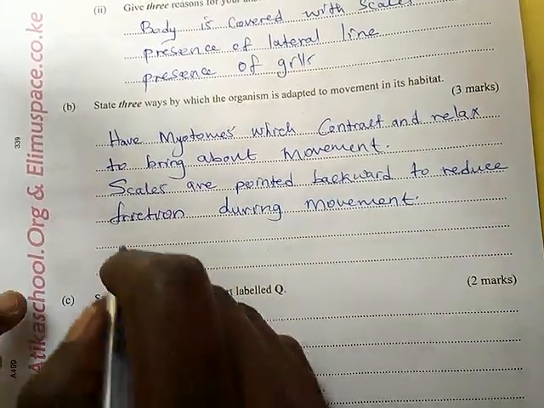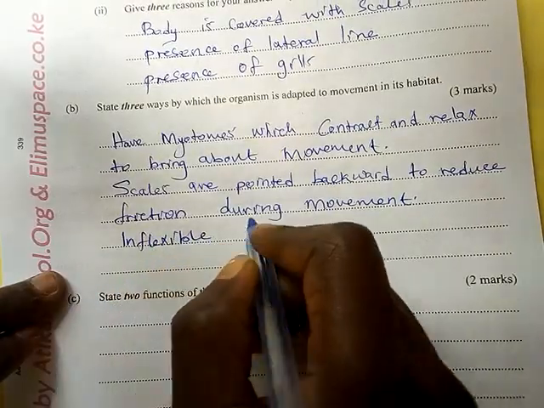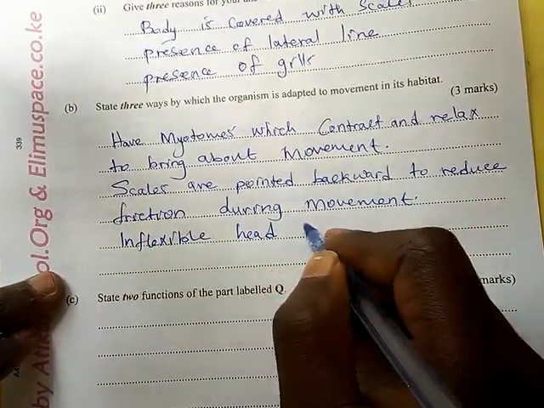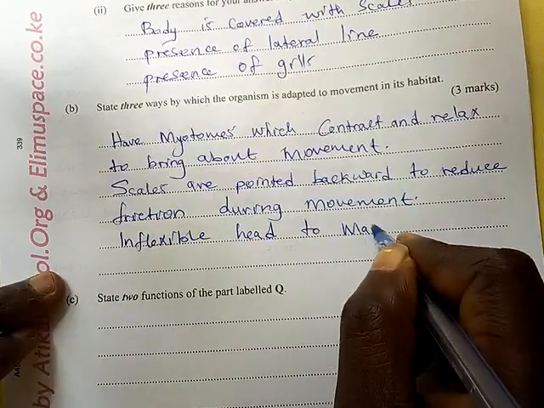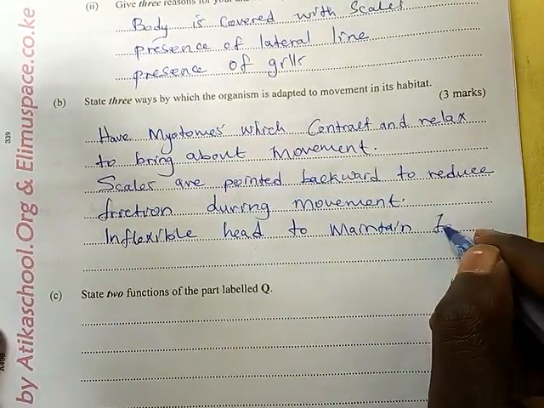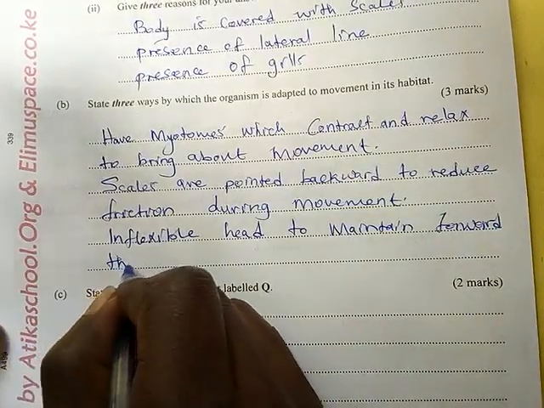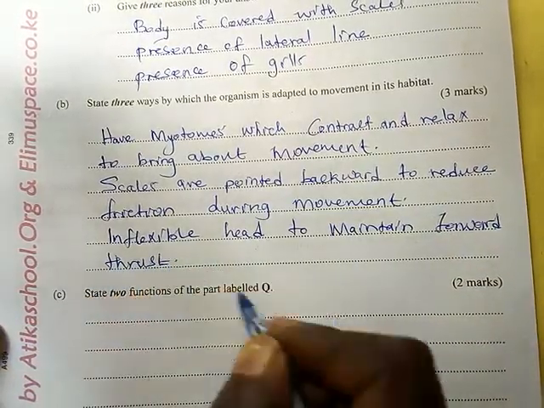Then you can see it has an inflexible head to maintain forward thrust.